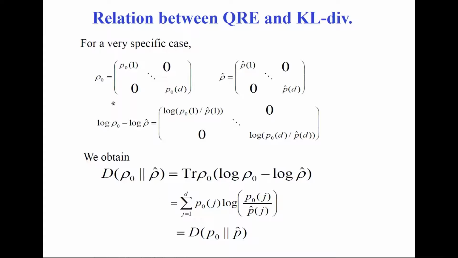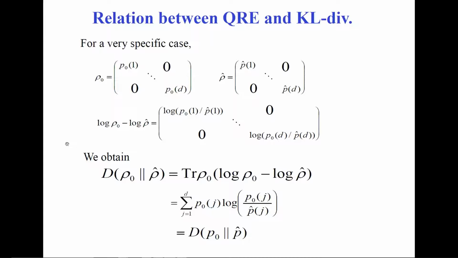So we obtain the diagonal forms P01 to P0D and P hat 1 to P hat D for a certain orthonormal basis. And then the matrix logarithm of rho 0 minus the matrix logarithm of rho hat is also a diagonal matrix.